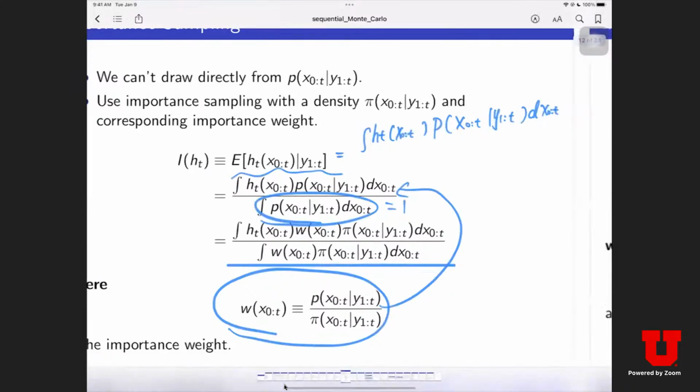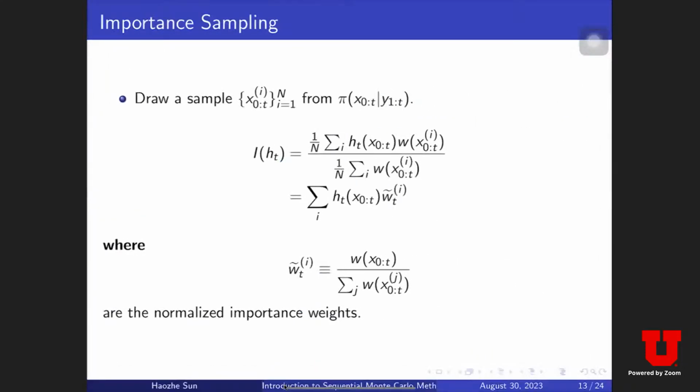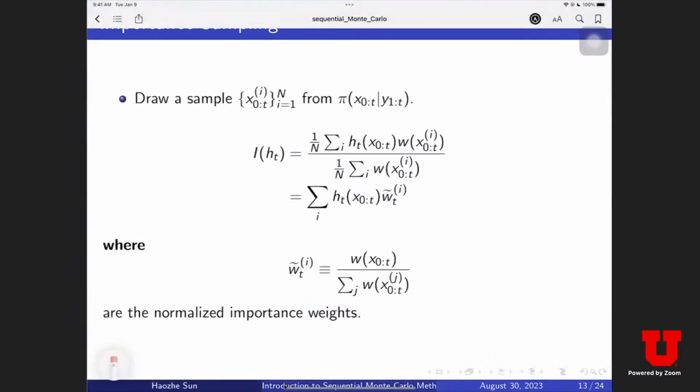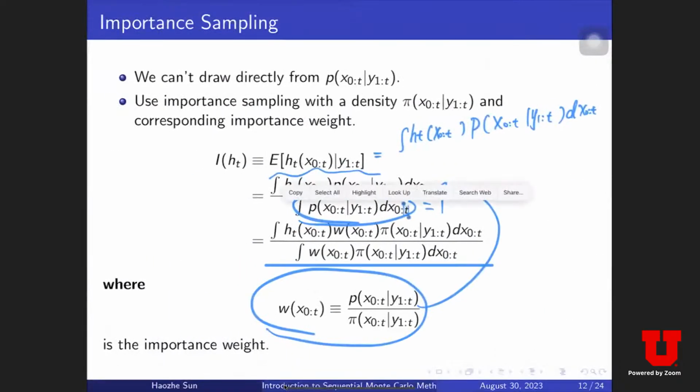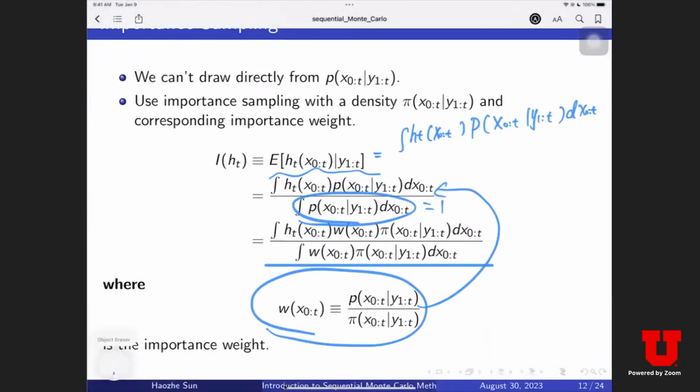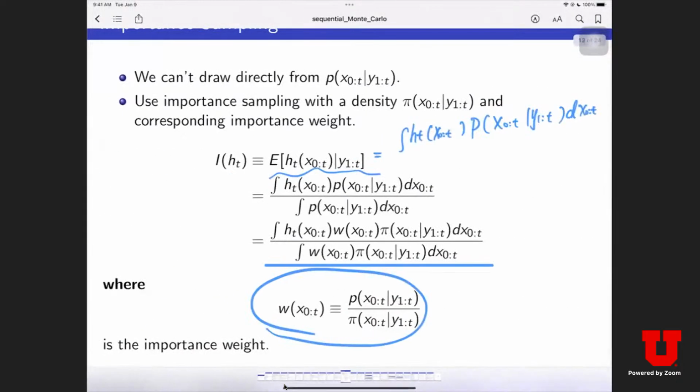So we want to approximate the expectation I(h_t). We simply need to draw samples from pi and calculate I(h_t) using this equation. Please have a look, it is the same as this equation.